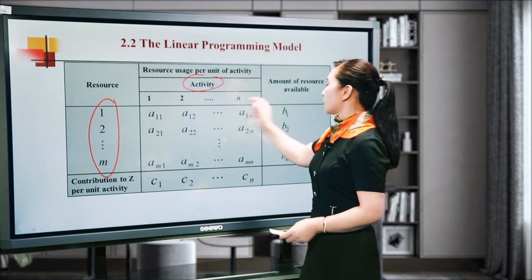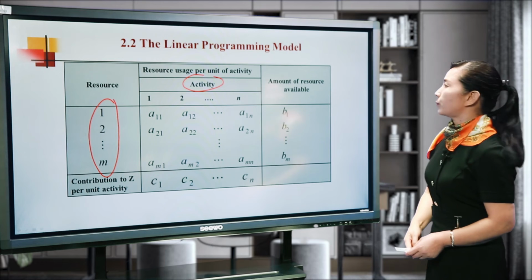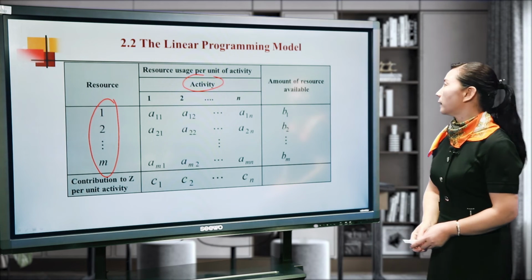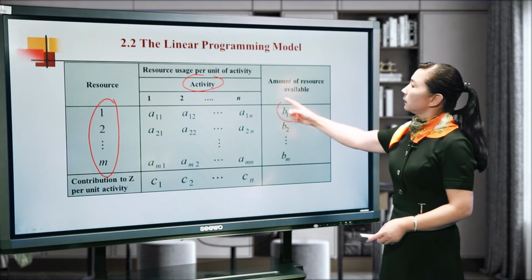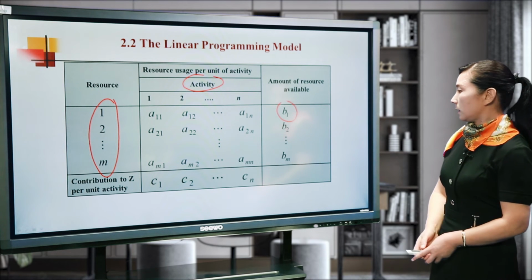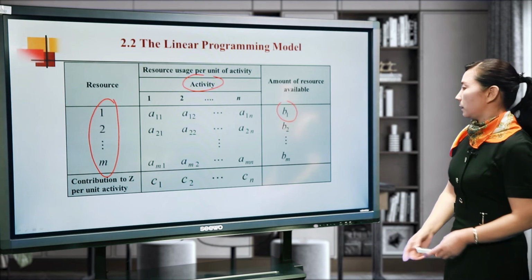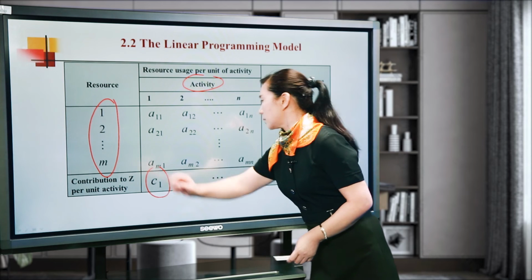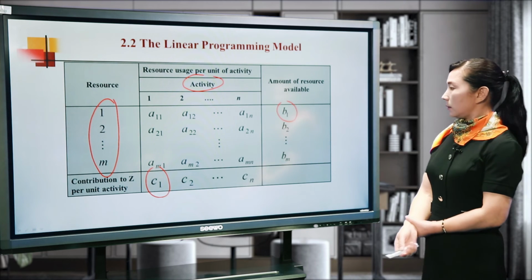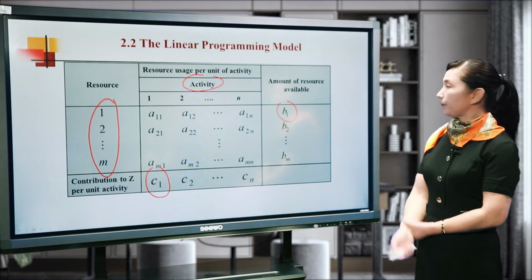Activity 1, 2, 3, and n. And this is the coefficient of consumption, meaning producing 1 unit consumes resource 1 amount a11. And this is the resource 1 available amount. And the last row is the objective coefficient. That is, c1 is producing product 1, maybe to get the profit or maybe to get the revenue.